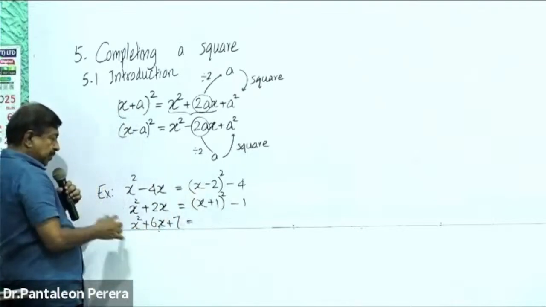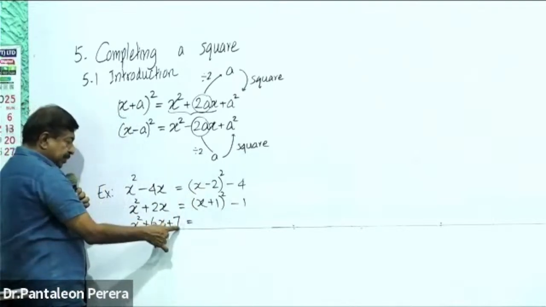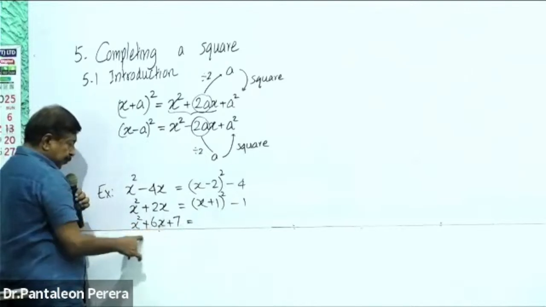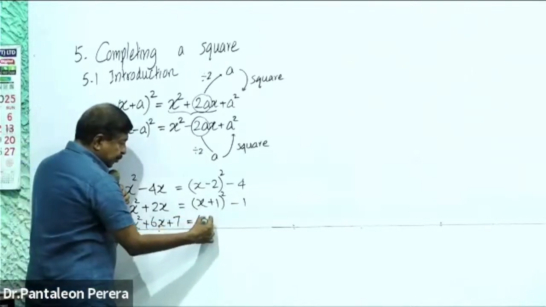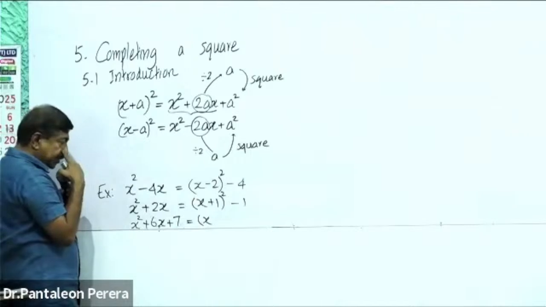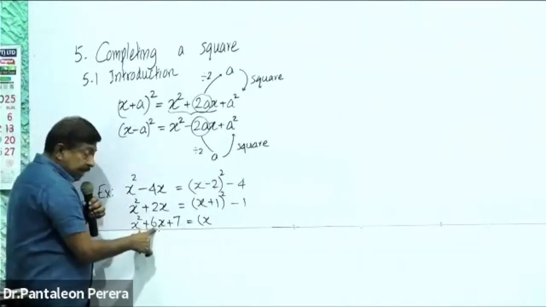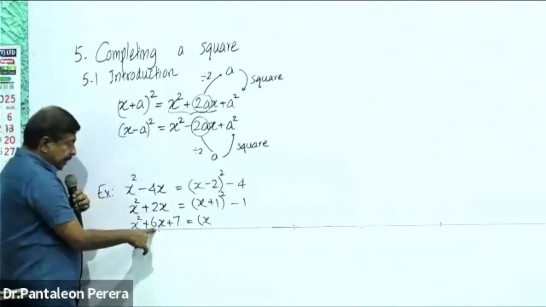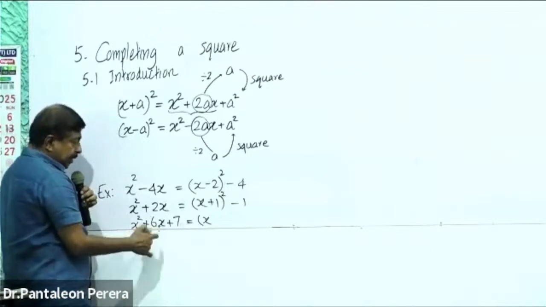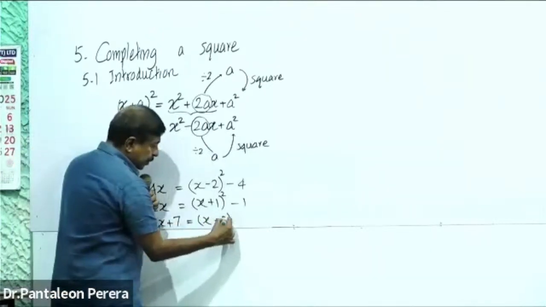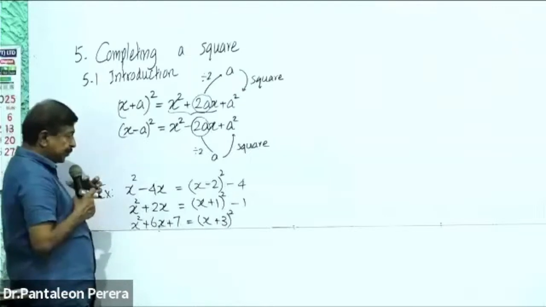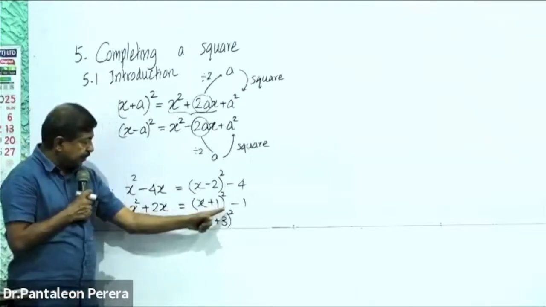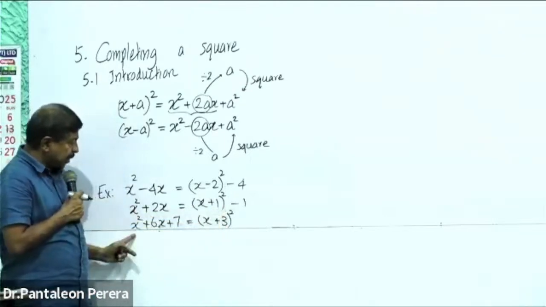What is now? Again, forget about this 7. You take care of these two. Write the square root of x squared, that is x. Now take this number, the coefficient of x, divided by 2. Raise the sum to its square. Now what happens? If you expand it, you get x squared.